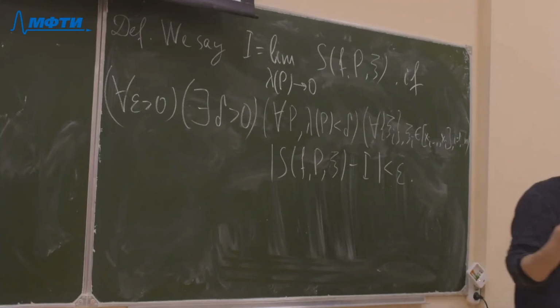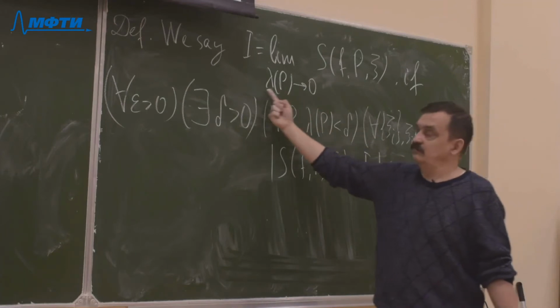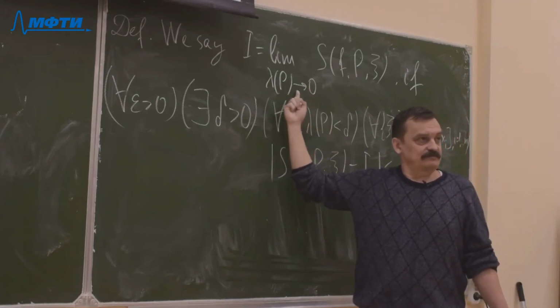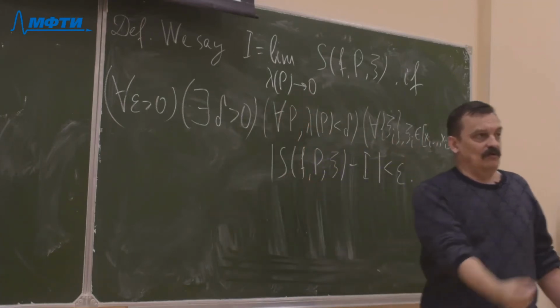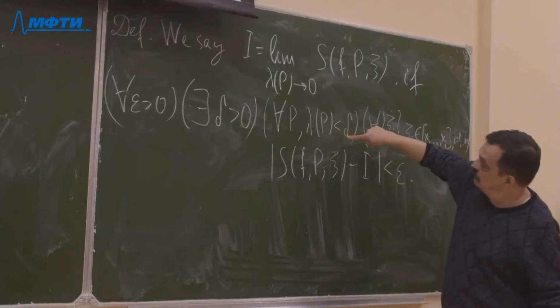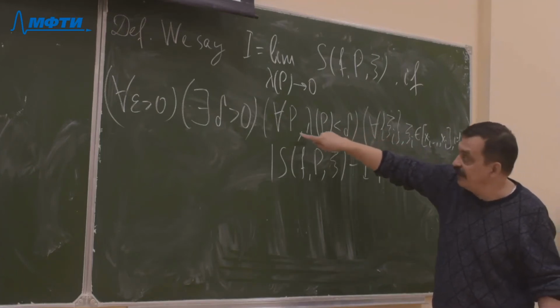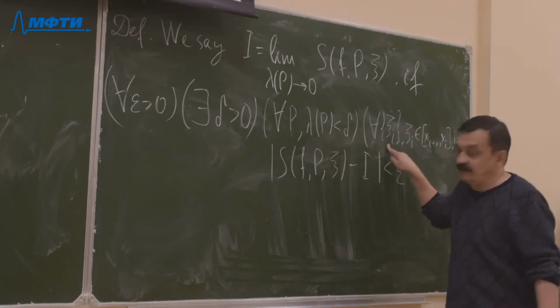So look, when we consider tagged partition we have many variables, but we replace all of them just by one, the norm of partition. Once we estimate the norm of partition, everything else, I mean P and psi, is arbitrary.